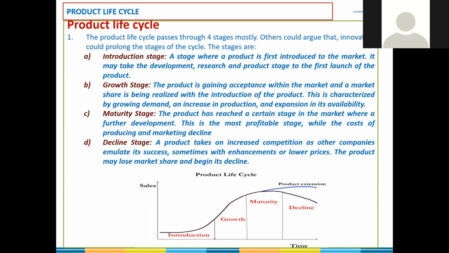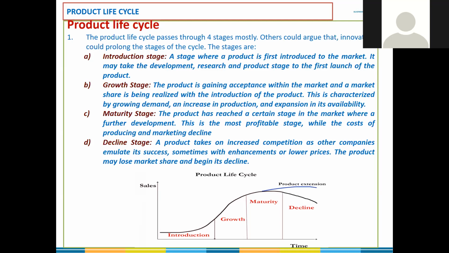Then we have the maturity stage. The product has reached a certain stage in the market where a further development is expected. So this is the most profitable stage, while the cost of producing and marketing declines. You see, at this stage, you are not spending too much to produce the product, but you are gaining in terms of profit because there are a lot of clients coming in to buy the product.